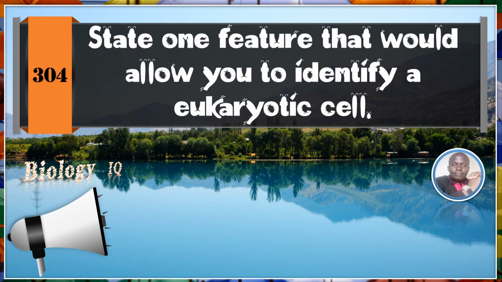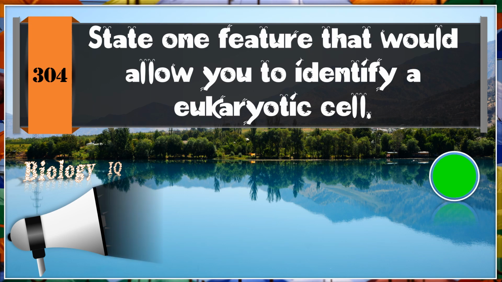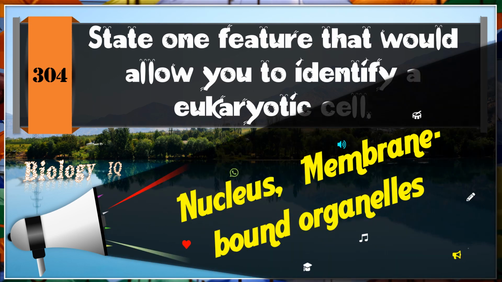State one feature that would allow you to identify a eukaryotic cell. It has a nucleus and membrane-bound organelles.